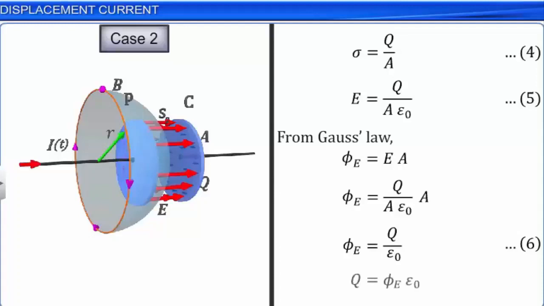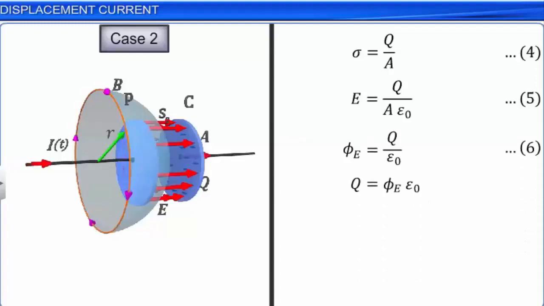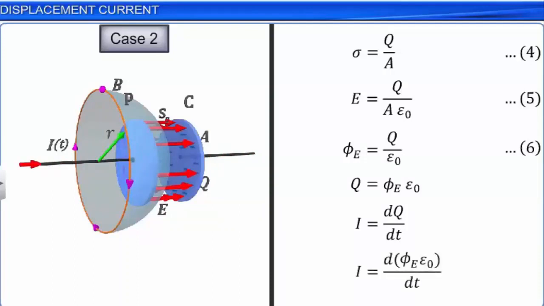Due to the time-dependent current source, the charge on the plates of the capacitor changes with time. Thus, the current due to the rate of change in the charge, I, is equal to dQ by dt. On substituting the charge, we get the current I is equal to d(phi E into epsilon naught) by dt, which can be written as I is equal to epsilon naught into d phi E by dt.